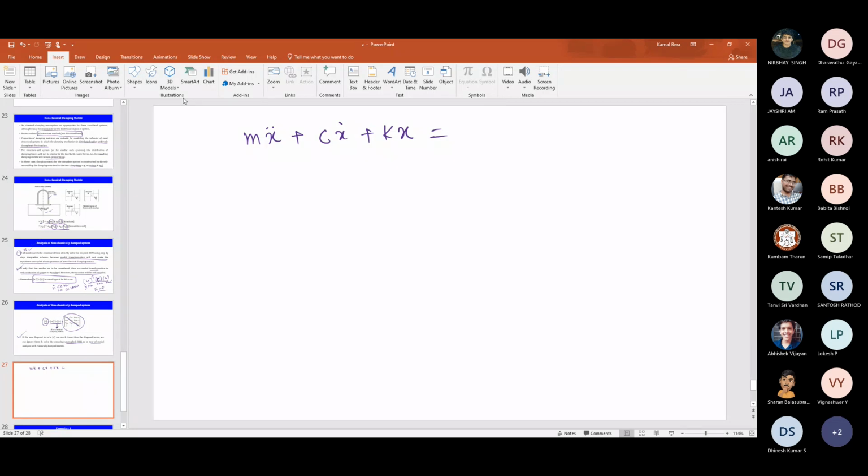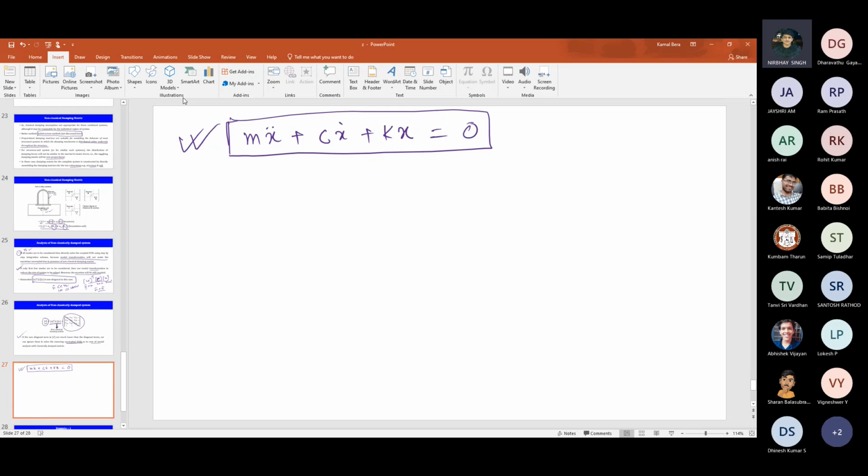How many equations are here? Is it matrix form I have shown?